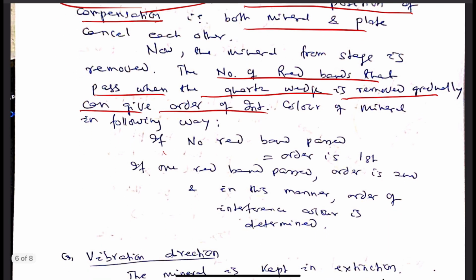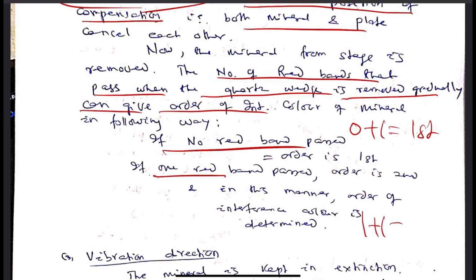If no red band passes, then 0 plus 1, this is first order. If one red band passes, then 1 plus 1, that will be second order. If two red bands pass, 2 plus 1, this will be third order.